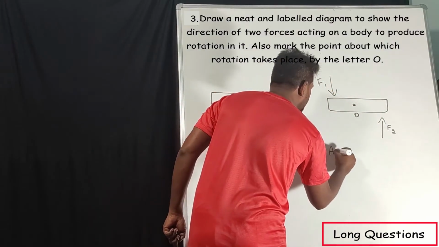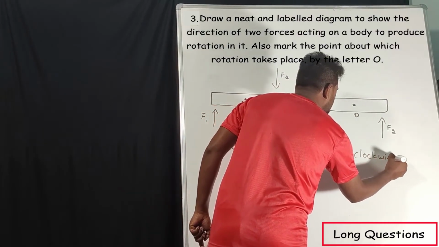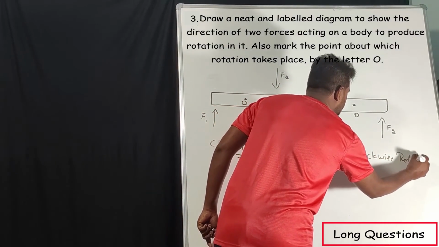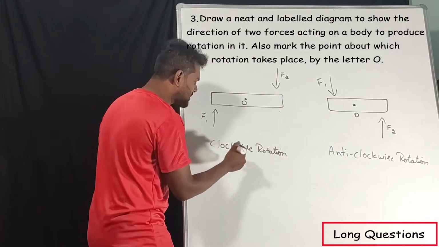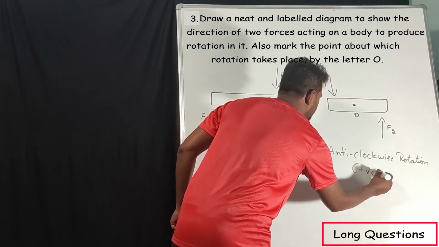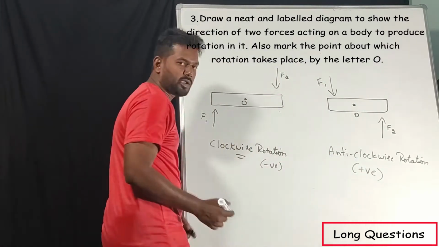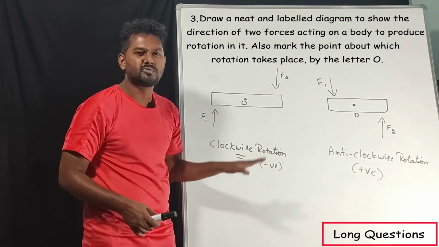This is anti-clockwise rotation or anti-clockwise movement. So clockwise is always taken as negative and anti-clockwise is always taken as positive. They are not asking about negative and positive, but you should keep this in mind.